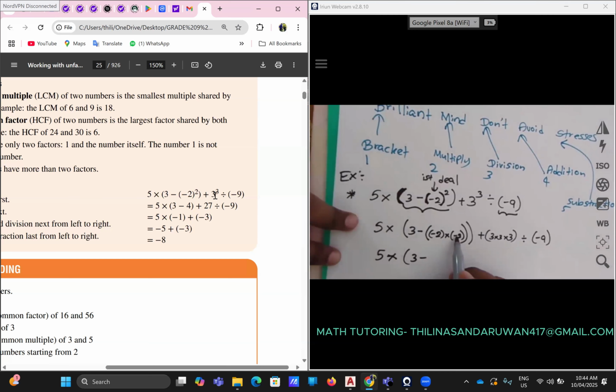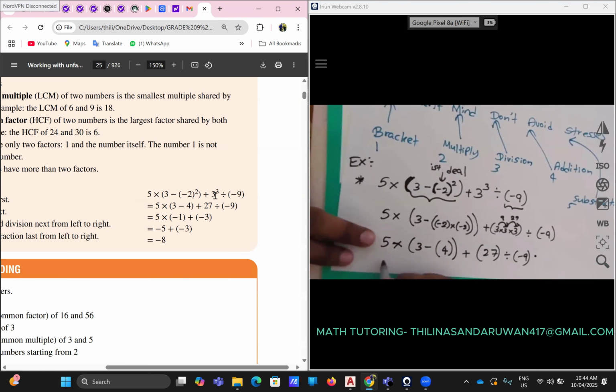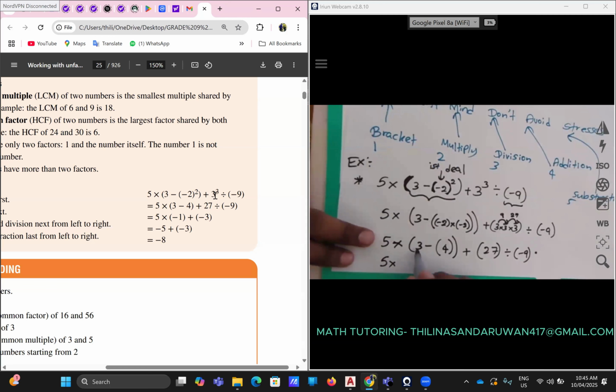What is minus multiplied by a minus number? A plus number, right? So that is 4 plus 3 to the power of 3, which is 3 by 3 is 9, 9 by 3 is 27. 27 divided by minus 9. So this is now a plus number.